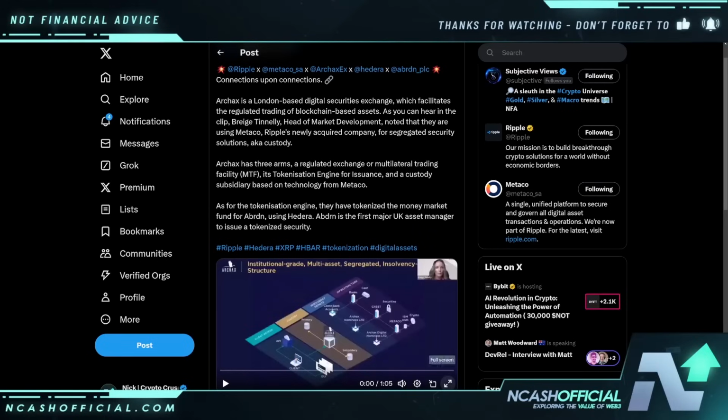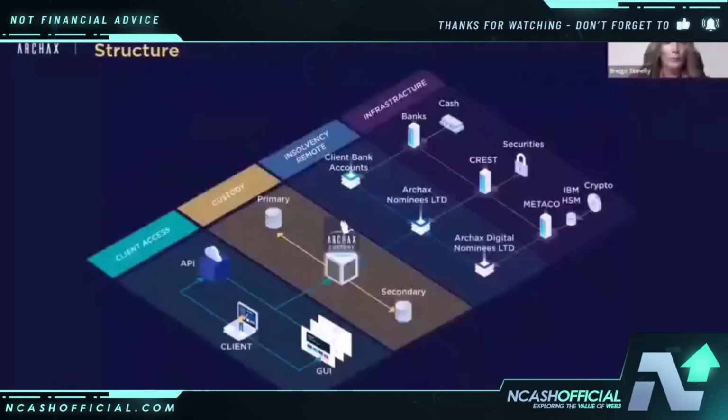And you can actually see on this list that securities are mentioned. You have crypto with IBM, you have CREST, cash, banks, pretty much anything that you can think of is on here, and that core infrastructure is labeled on here in terms of the full breakdown with insolvency remote custody and even client access. And this is a very big deal.